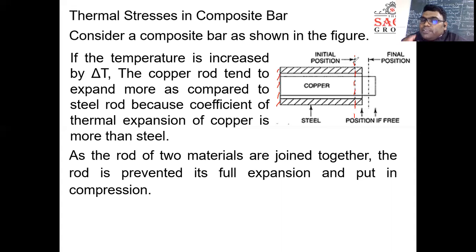When the temperature increases by delta T, what happens? Because copper has the higher coefficient of thermal expansion, if there were copper alone, it would reach here. This is written here as the position if it is free; the copper would reach this position.